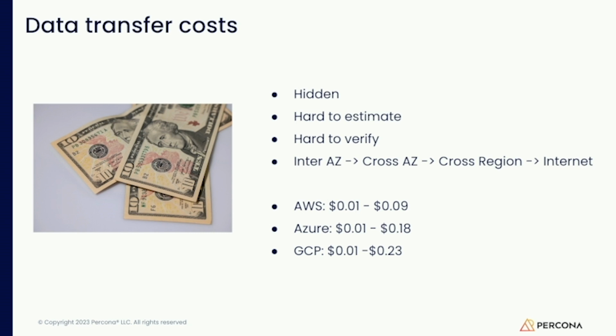So it typically goes from free within the availability zone, then between availability zones you're paying more, then cross region you're paying more, and if you're going over the public internet, you're paying even more. And by the way, it's super difficult to find the prices of those things, even if you try. But it can go from 1 cent per gigabyte to 23 cents per gigabyte.